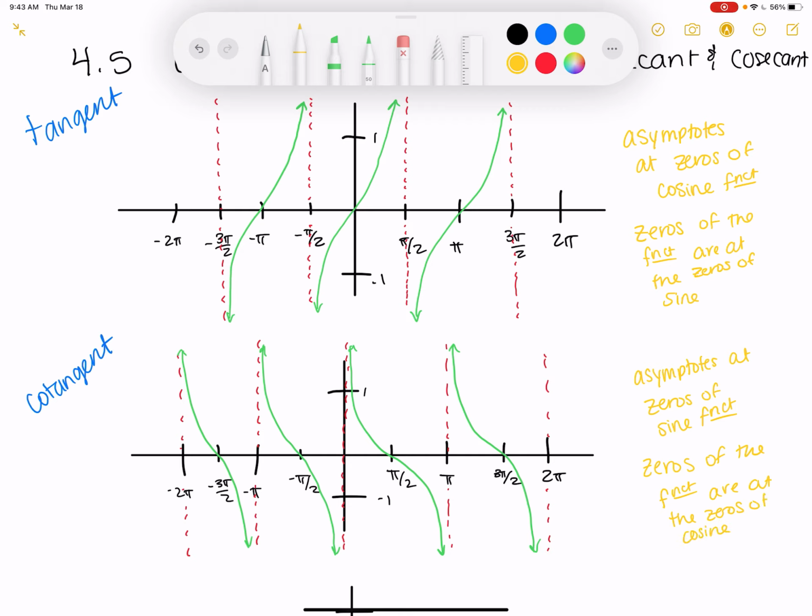The stuff that's written in yellow, again, you don't have to know it, just more so for reference, or maybe it will help you if you get there and you don't remember which one's which.